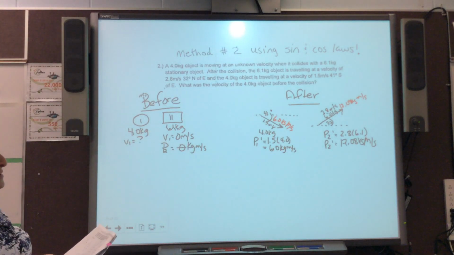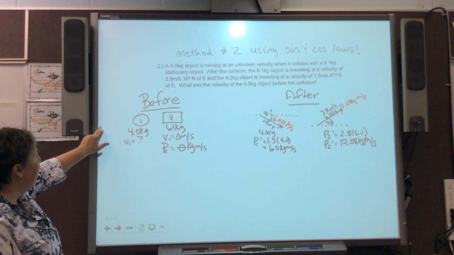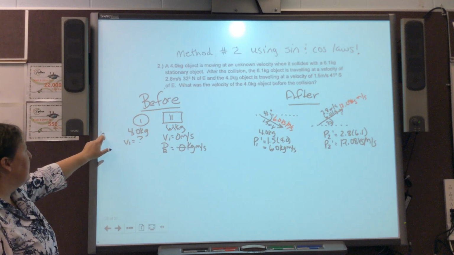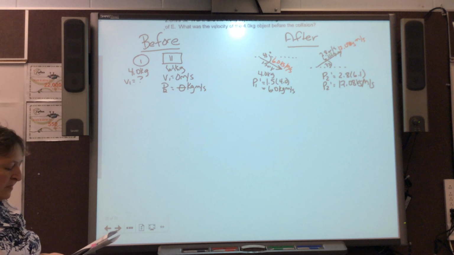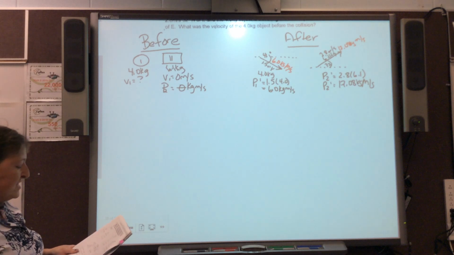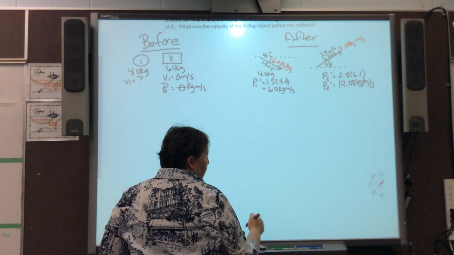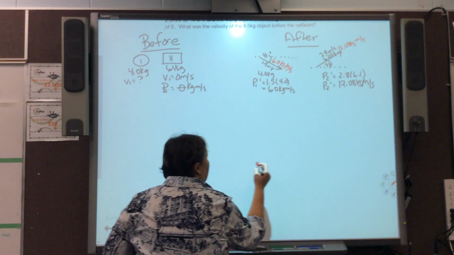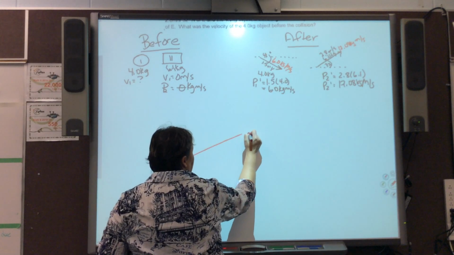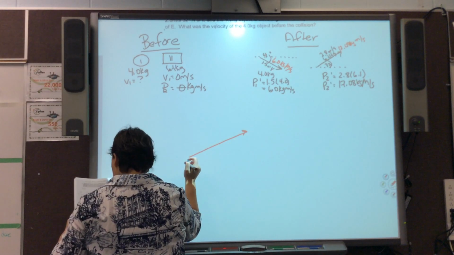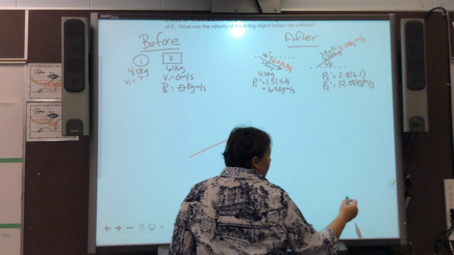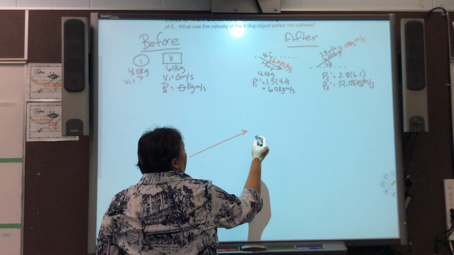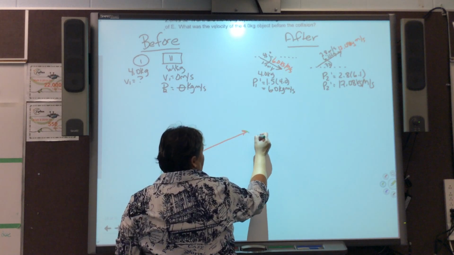Now how it works with sine and cosine laws is we have to create a triangle. Okay? So we have one that's going 32 degrees, and we have one that's going 41 degrees.